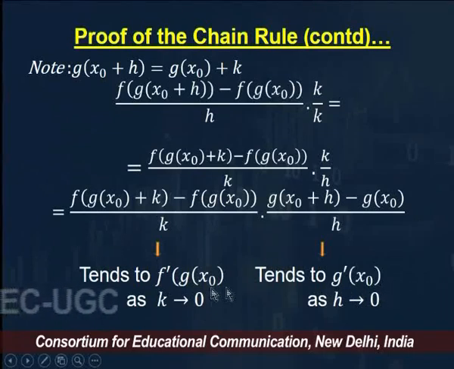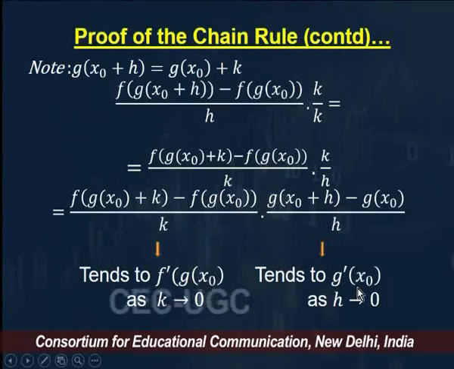So this is exactly the result that we were trying to get for the chain rule, and this is precisely the proof. This is actually a very good proof to understand how the chain rule works.